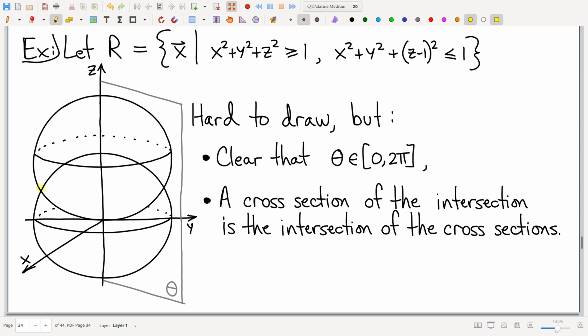If I draw it like this, I claim there's something really wrong with this picture. This makes it look like I've cut out a cylindrical hole in the bottom of the larger ball up there, like there's nothing in there. But that's not true. I have not cut a cylindrical hole in this.